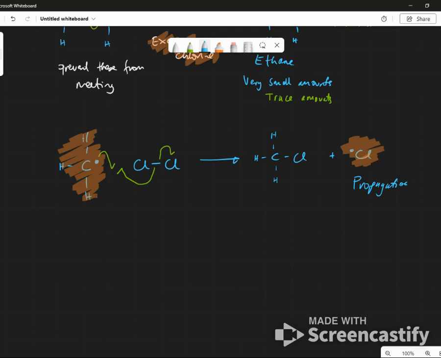It's only a termination when two free radicals kill each other, and then you get the product. Does that make sense? You're quite right to mention that.